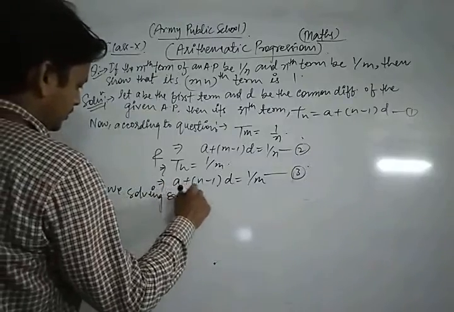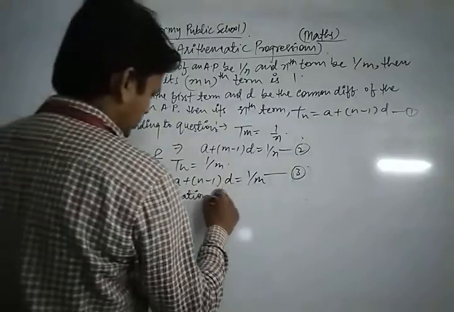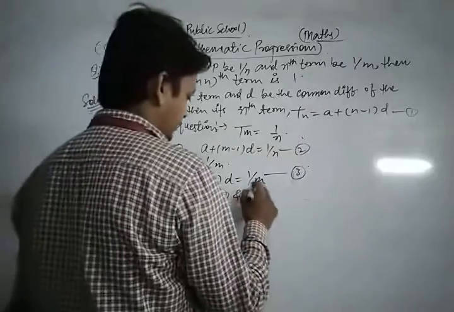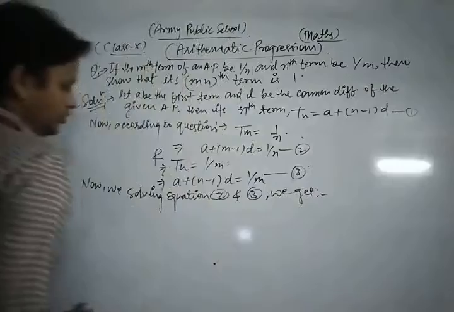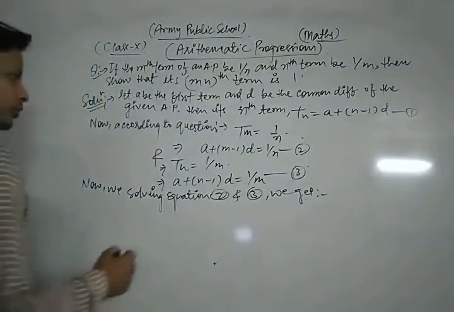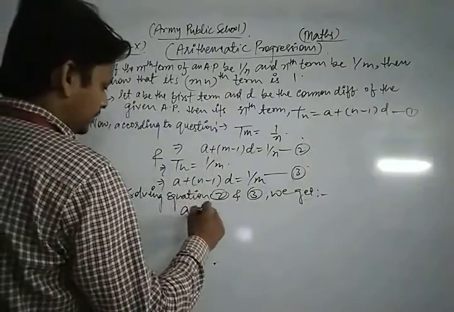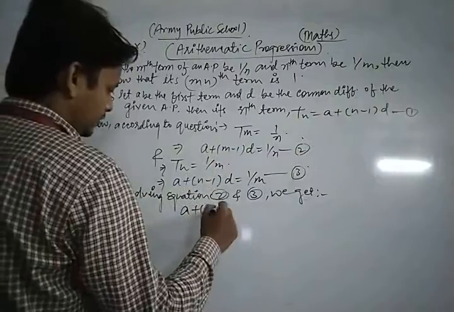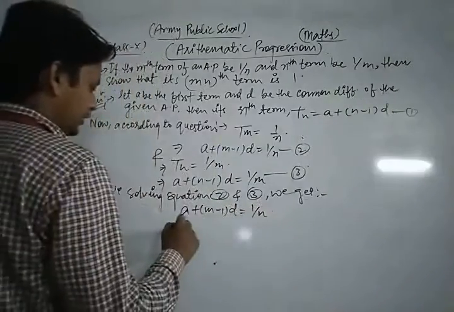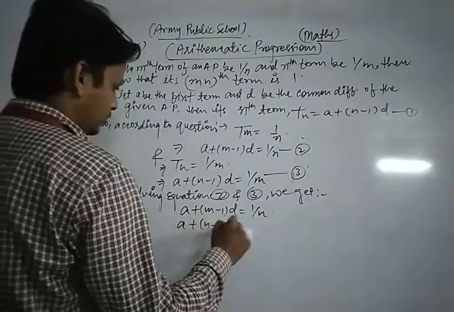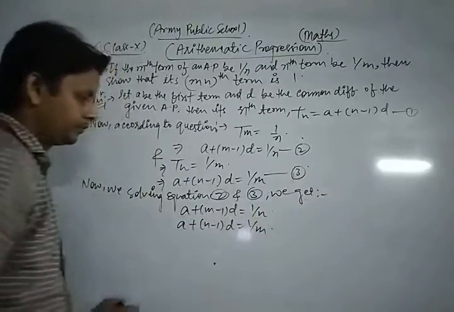Equation 2 is A plus m minus 1 into D is equal to 1 upon n, and equation 3 is A plus n minus 1 into D is equal to 1 upon m.